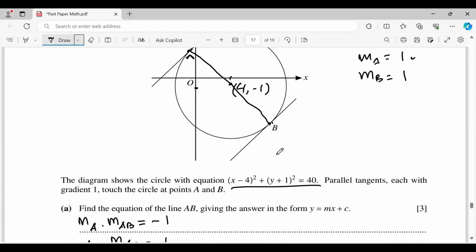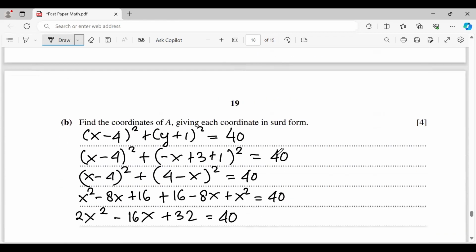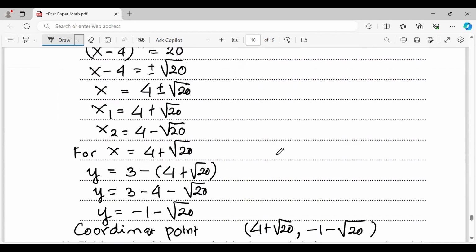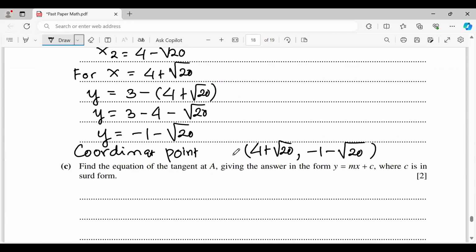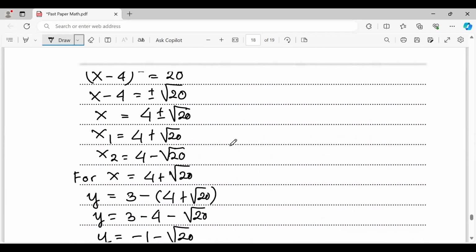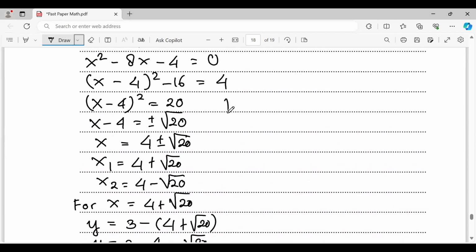So it means this coordinate point is coordinate point B. Now we're going to find coordinate point A.